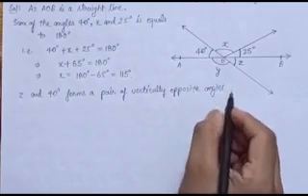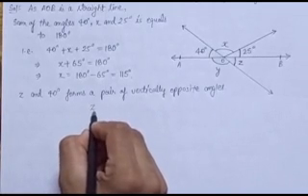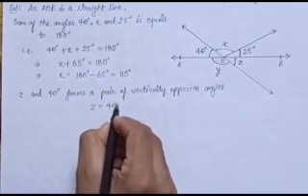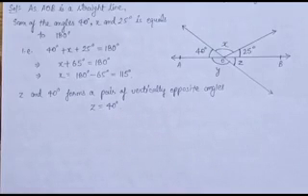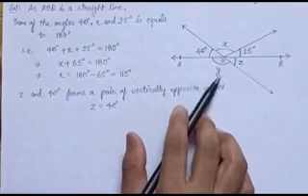So these two angles are equal. So we can write z is equal to 40 degrees. Now we have the values of x and z. Now we have to find the value of y.